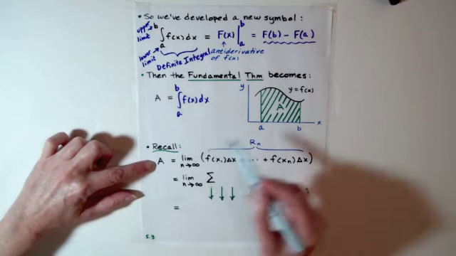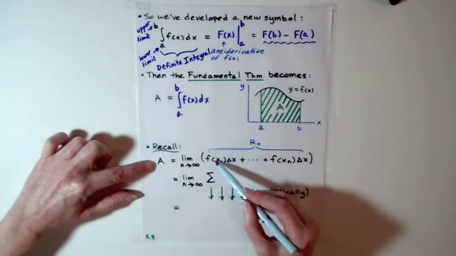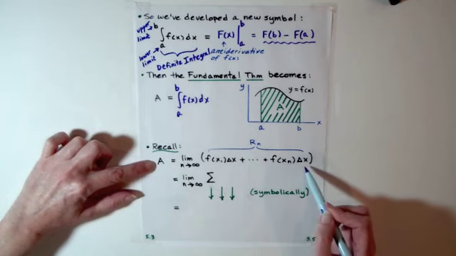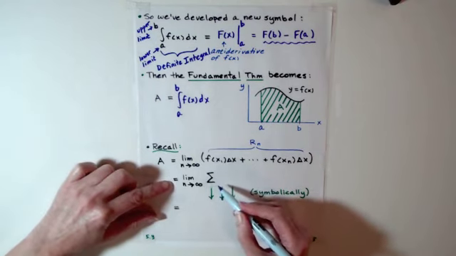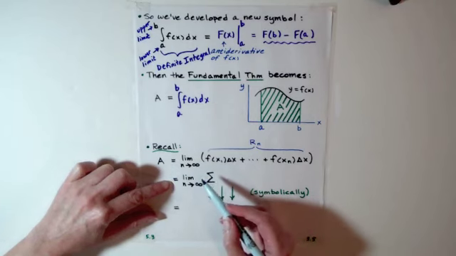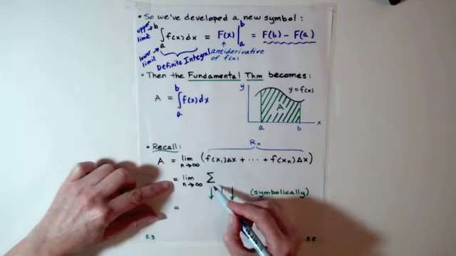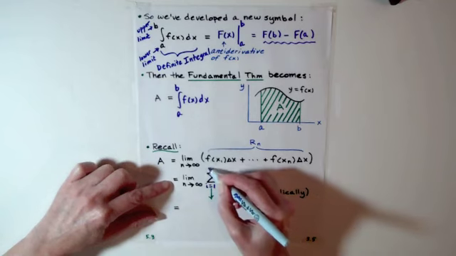So the exact area A under the curve is the limit as n goes to infinity of f of x1 delta x plus f of x2 delta x and so on up to f of xn delta x. Well, we can also write that using our sigma notation. So we said that's exactly the same thing as the limit as n goes to infinity of the sum i equals 1 up to n.